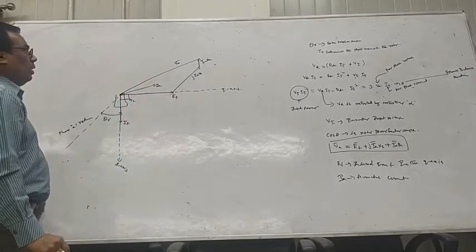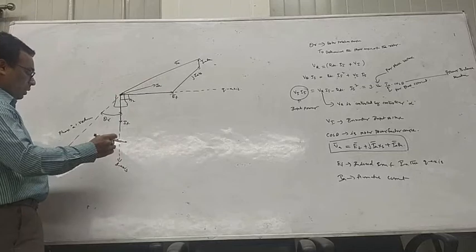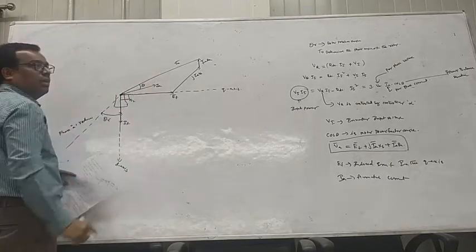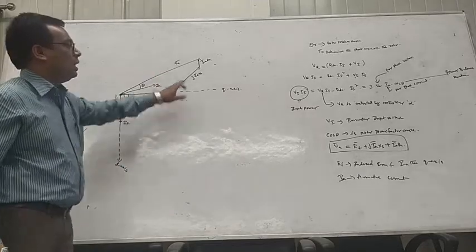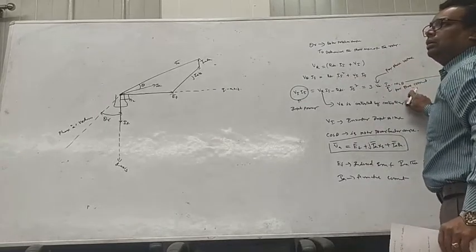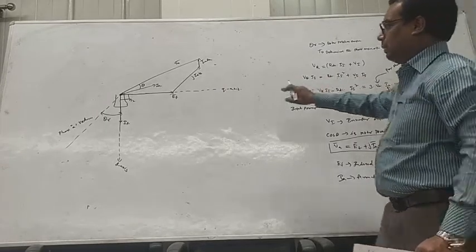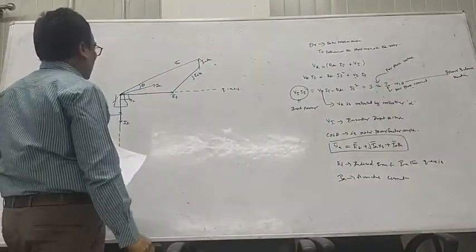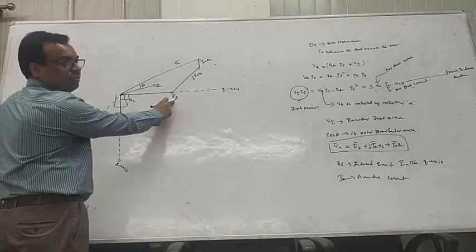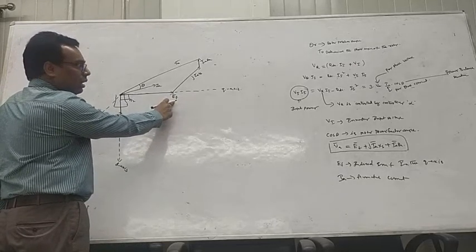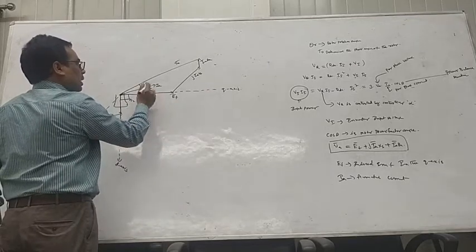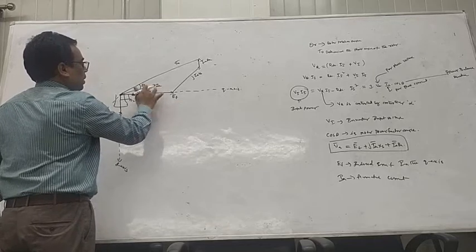Here the angle between VA and IA, the per phase voltage and per phase current, is the power factor angle theta. And the angle between the field induced EMF, the induced EMF in the quadrature axis, and the armature current is gamma.